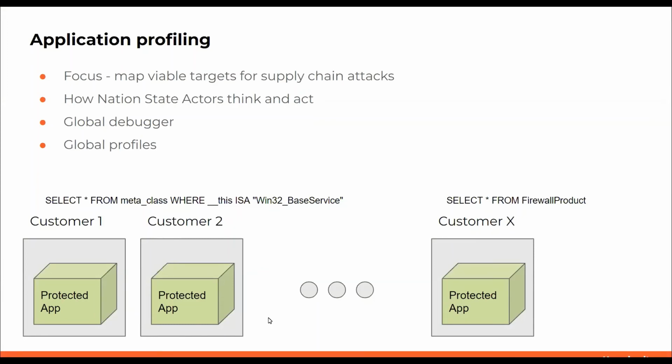Nation-state actors, once they have a supply chain attack capability, will use it very carefully, like any other zero-day. So it won't be burned. Meaning that if the actor uses their capability to, let's say, encrypt all file systems within their reach, thanks to a supply chain attack, their capability will be lost the day after.